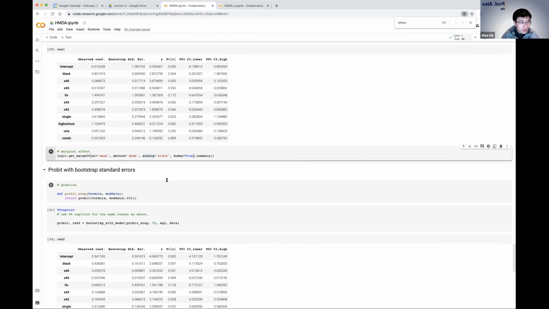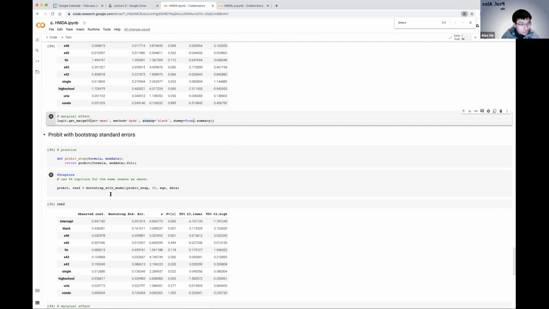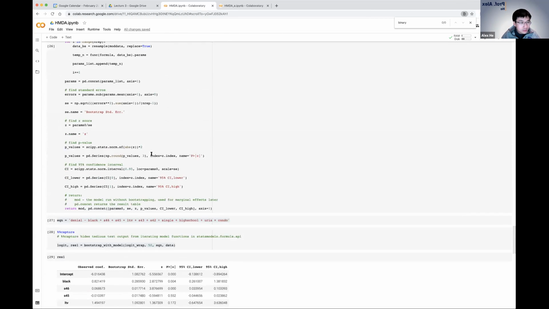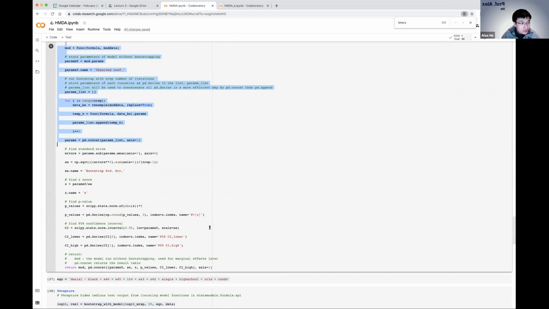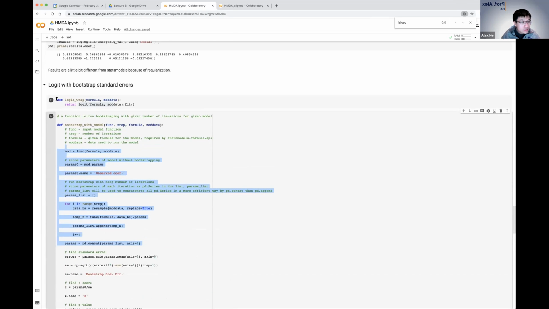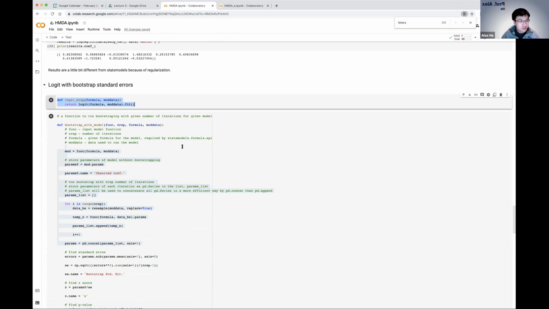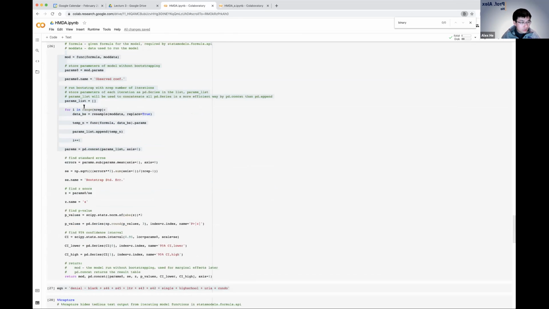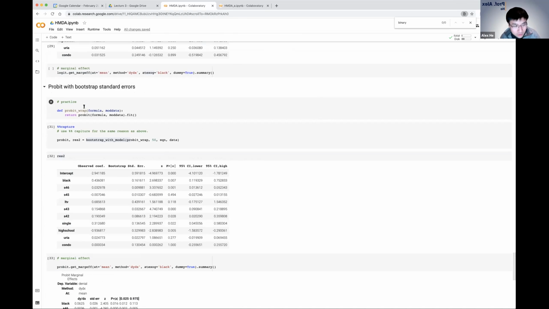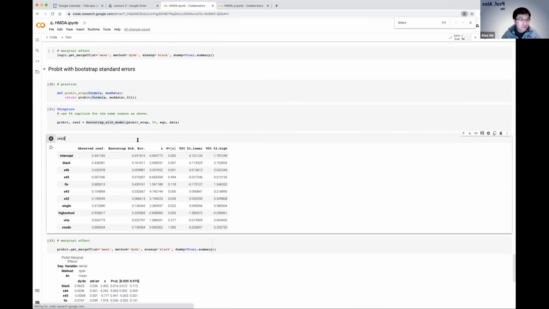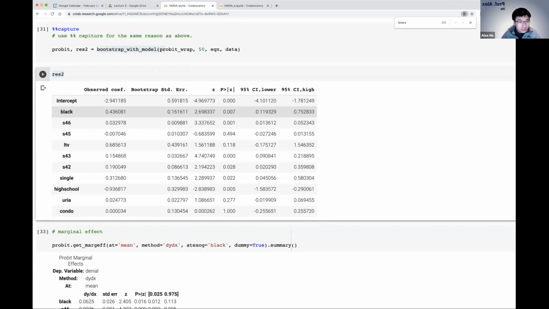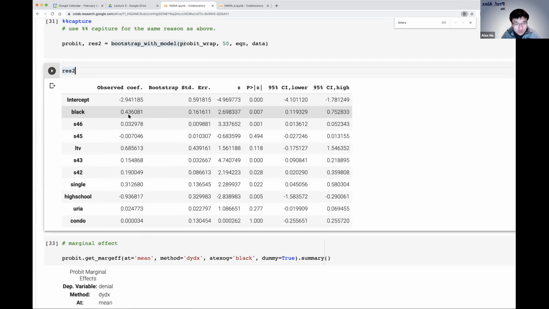So basically, you don't have to rerun that whole part about the bootstrap with models, because this part is the same for Logit and Probit. You just need to change this part and replace the Logit with Probit, and when you run that and print out the results, these will be the coefficients and bootstrap standard errors from Probit.